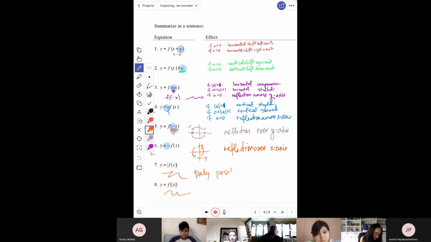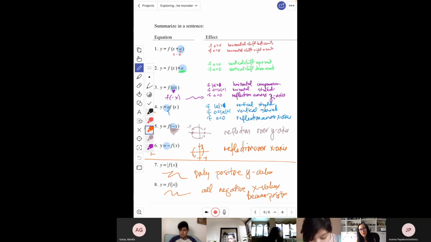Only positive y's here. And then here, all negative x values became positive. Everything else stayed the same. So really, the first 6 you should be able to recognize immediately.